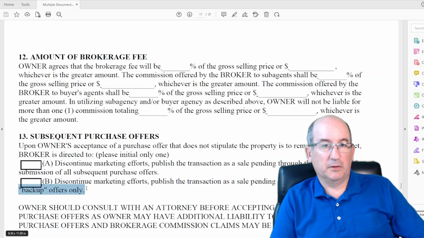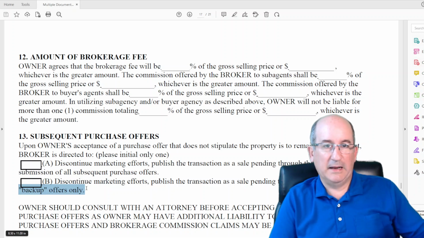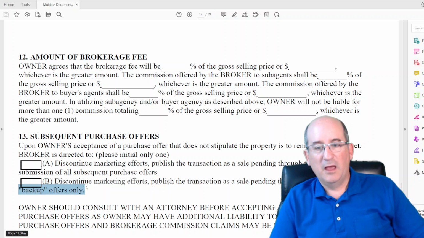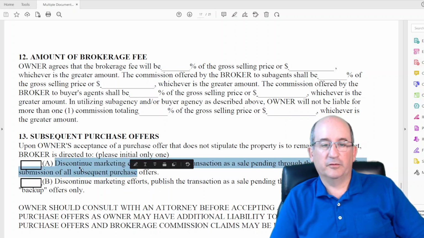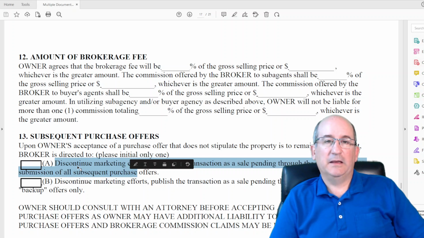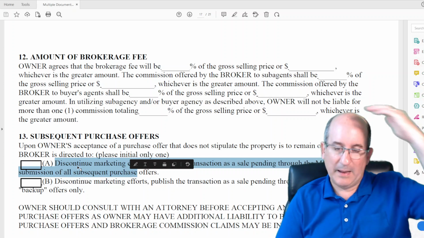Do you still want people to come see the house and walk through and you have to get out even though we're already under contract? Not usually. So I usually recommend that they do the top one, refuse backup offers. And I tell them that because, number one, I'm going to call and ask you how you want to do it anyway, based on the scenario, whatever happens.